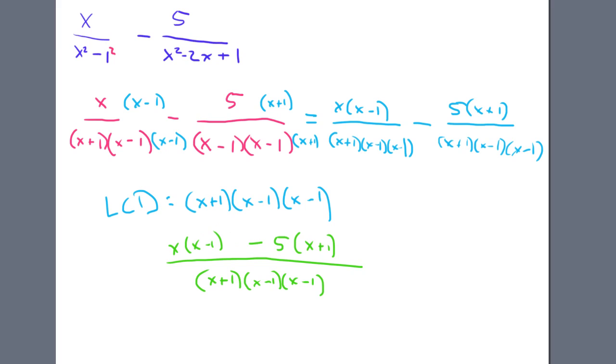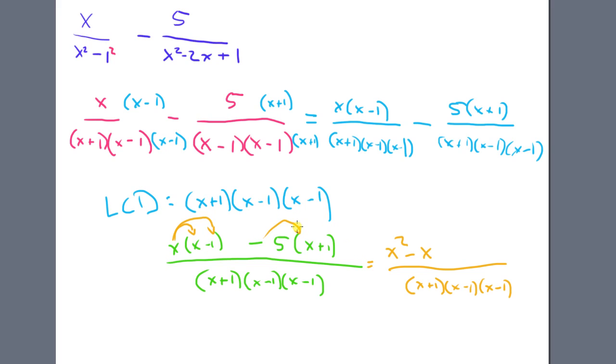And now, you could have distributed earlier if you wanted, but now I'm going to distribute, which looks something like that. So that's going to be, once again, that awful denominator, x plus 1, x minus 1, x minus 1. X times x is x squared. X times negative 1 is negative x.